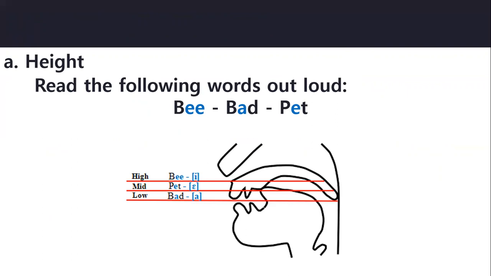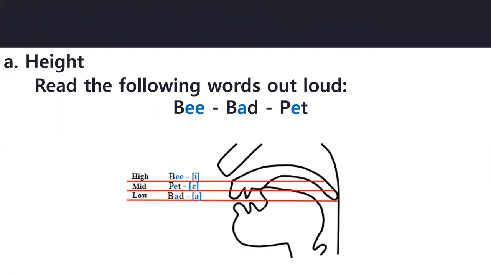Read the following words out loud. Be, bad, pet. Again, be, bad, pet. Notice that when pronouncing the vowel E in be, the tongue remains high. In contrast, when pronouncing the vowel A in bad, the tongue remains low.